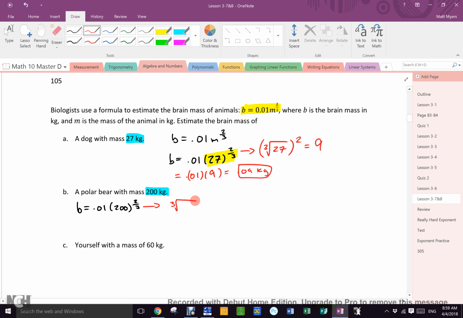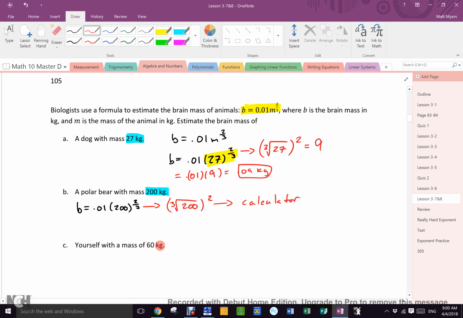That's the cube root of what? 200 squared. Does 200 have a cube root? 5 cubed is 125, 6 cubed is 216. Does 200 have a cube root? No. So this has to be a calculator.